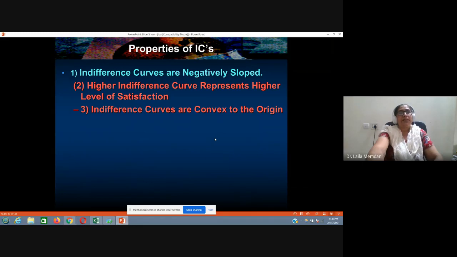Then, a higher indifference curve represents a higher level of satisfaction. At a higher indifference curve, you are getting more of both, that is, more of pears as well as more of oranges, both the goods X and Y. So you get a higher level of satisfaction.